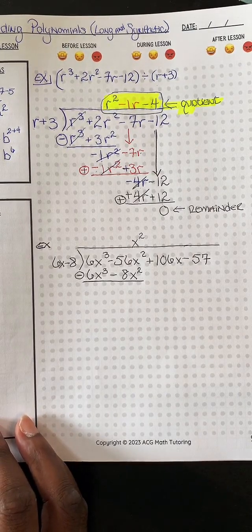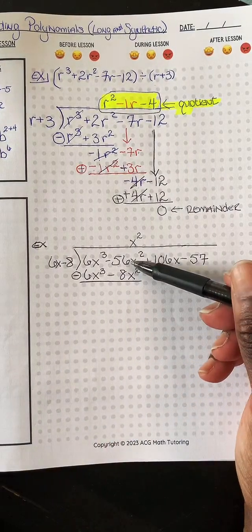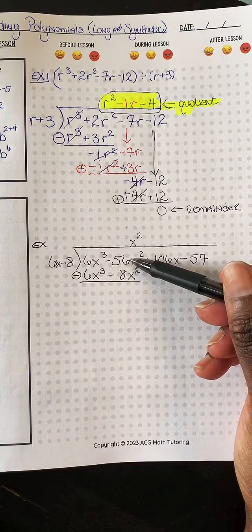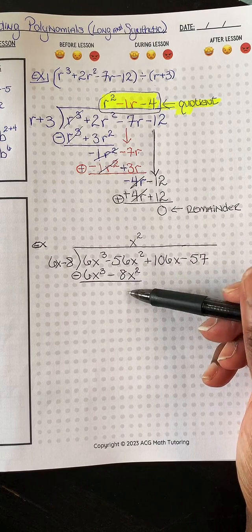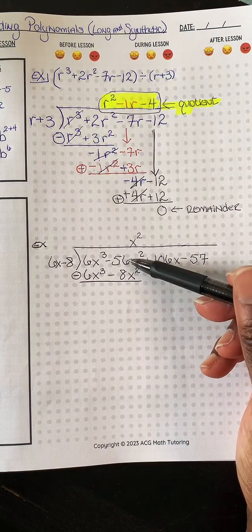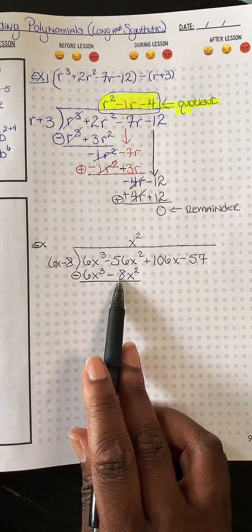You're synthetic. All right, so now I know for certain someone's going to say negative 56 minus 8, and that's my answer of like 64. No. Negative 56 minus negative 8.